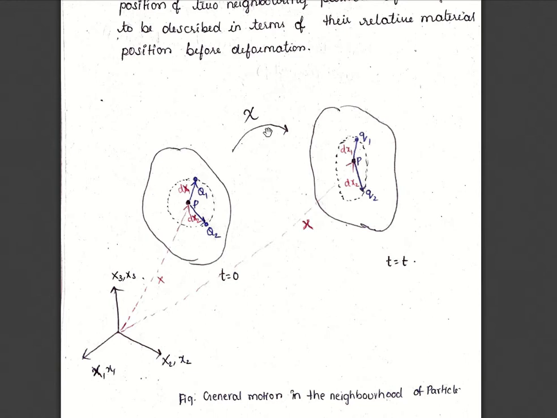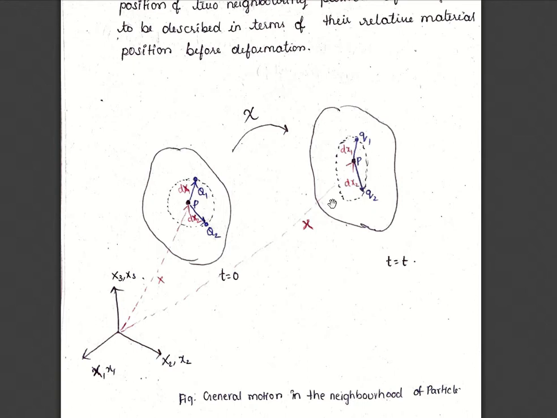After deformation you can see how this circle is deformed in this manner, and we represent the points q1, q2 and p with lowercase letters, with dx1 and dx2 in the deformed configuration, or current configuration, or spatial configuration.